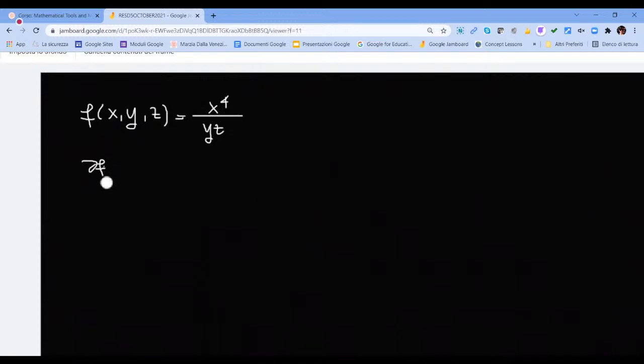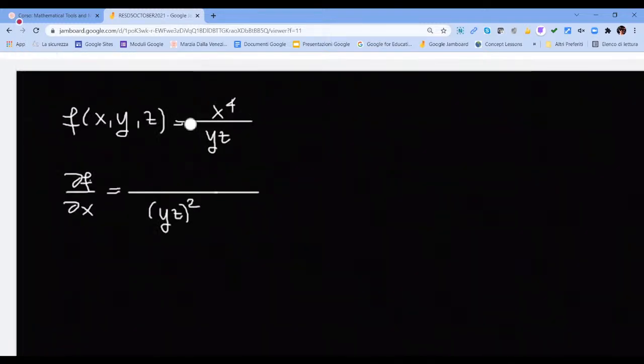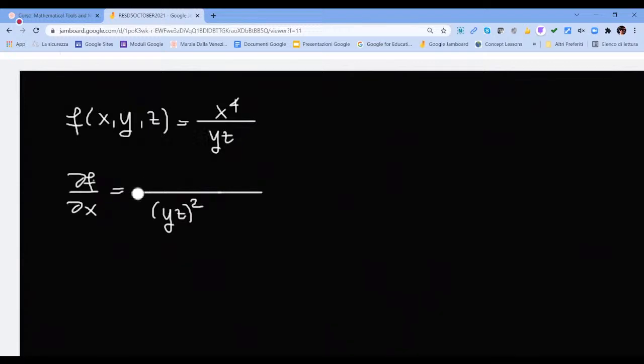So let's compute the first partial derivative with respect to x. First of all, we have to apply the formula as it is. That means the denominator squared, and then on the numerator we write everything that corresponds to the formula: the derivative of the numerator, 4x to the 3rd, times the denominator as it is, minus the derivative of the denominator with respect to x.